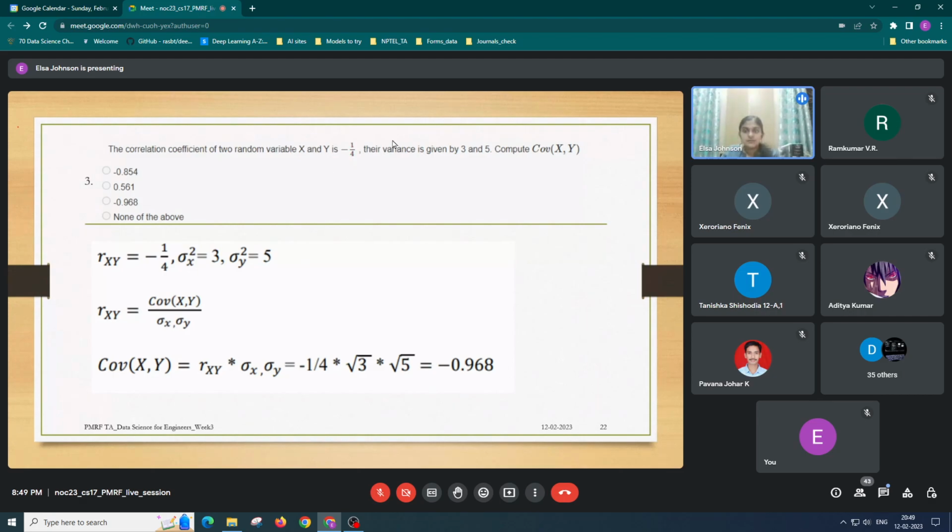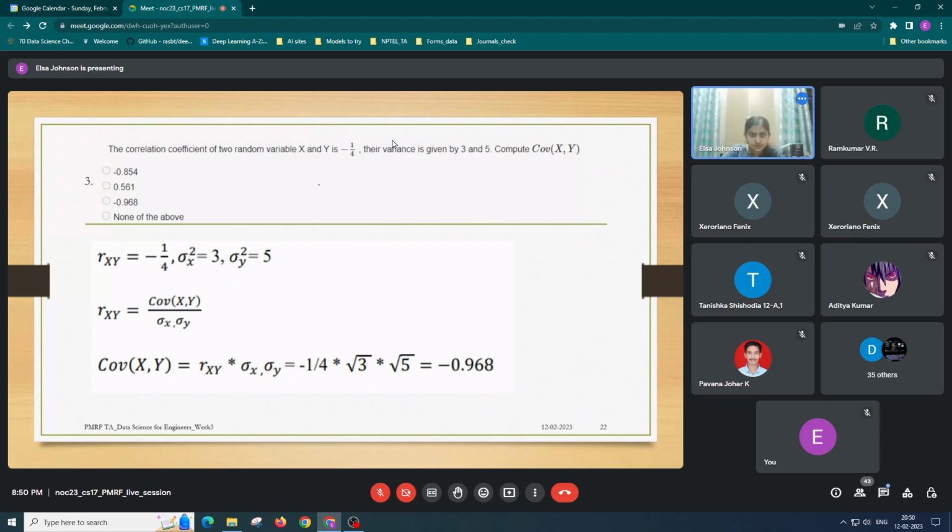Now the next one. The correlation coefficient of two random variables x and y is minus 1 by 4. The variances are given by 3 and 5. So what is given there?